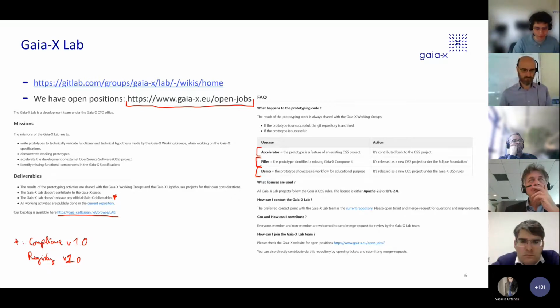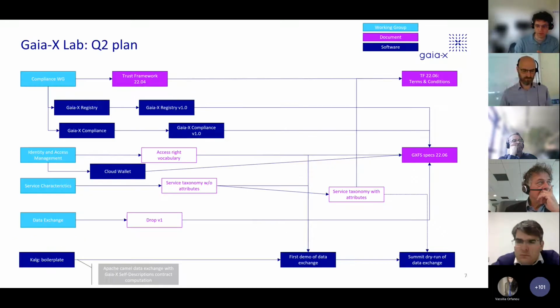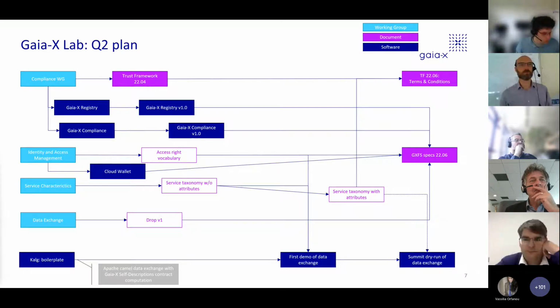We started by what do we want to reach? So it starts here. Let me change that just as a highlighter. And we want to, here. We want to work on that part. So the dry run for data exchange for the summit.